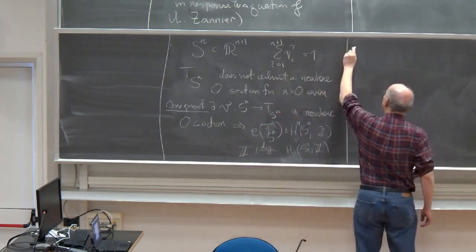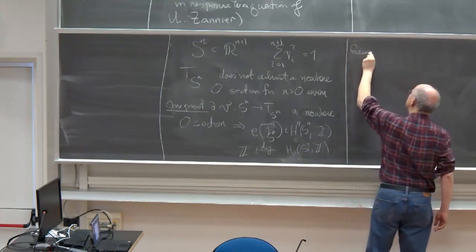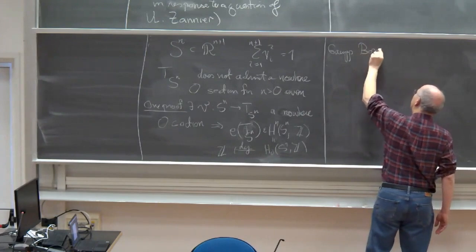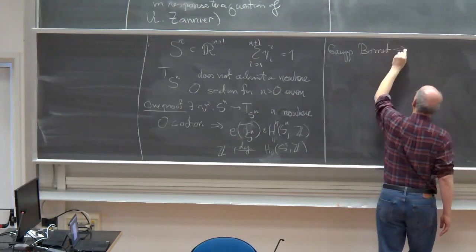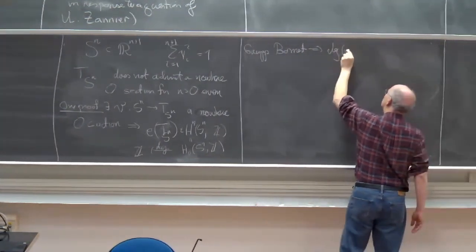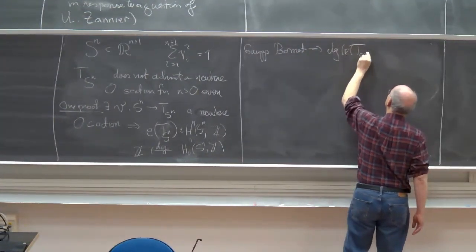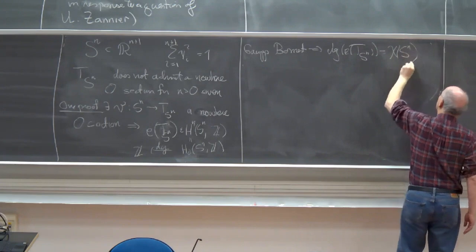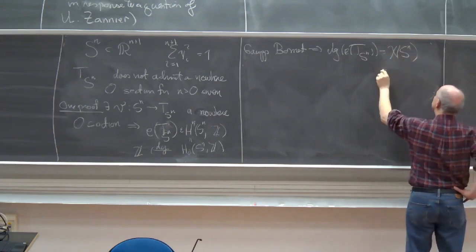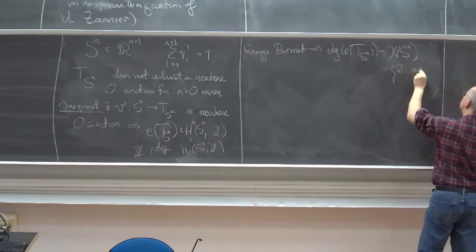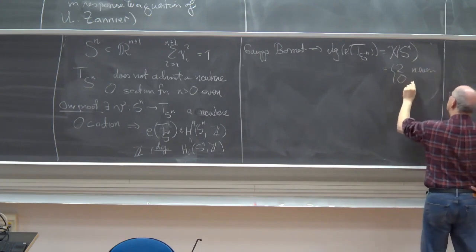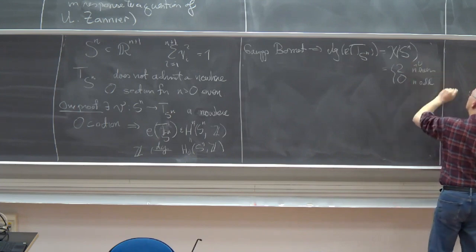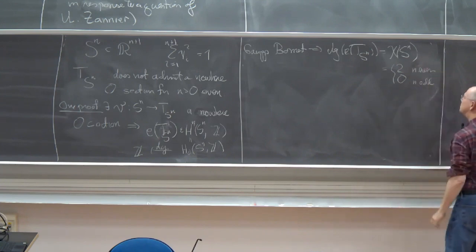And the Gauss-Bonnet theorem says that the degree of the Euler class of the tangent bundle is the Euler characteristic of S^n, and of course, this is equal to 2 when n is even, and it's 0 for n odd. Well, even for S^0, it's 2.